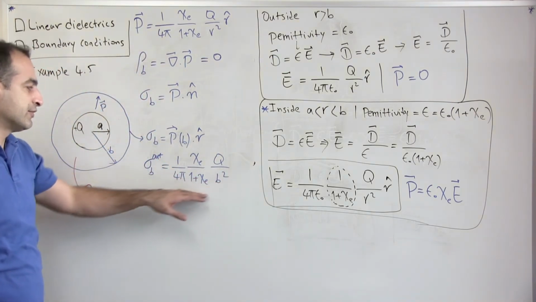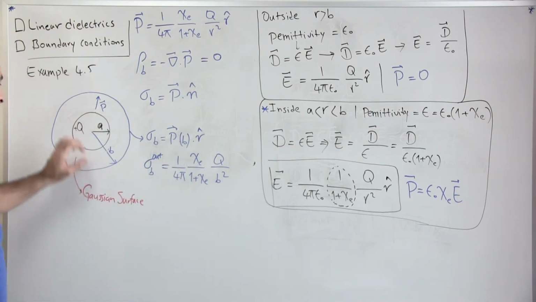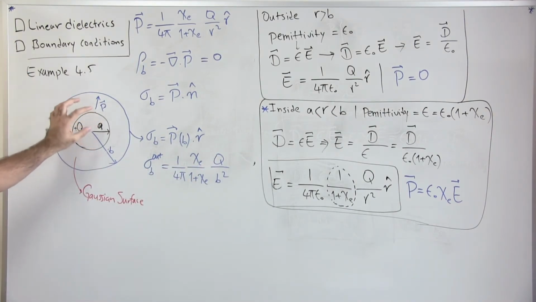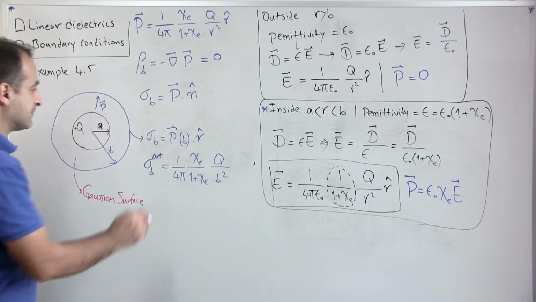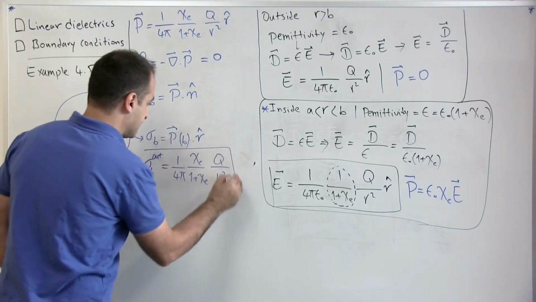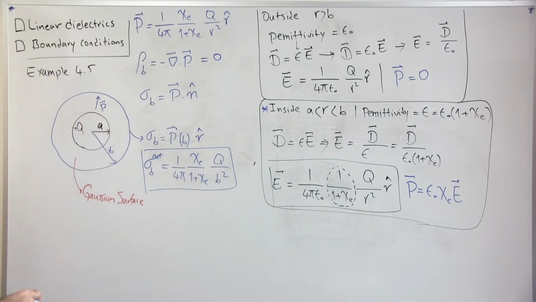Is it positive or negative? That depends on the sign of Q. But if Q is a positive charge on this sphere, the charge induced on the outer surface becomes positive too. Okay, and I'm going to draw a diagram to make sense of this.